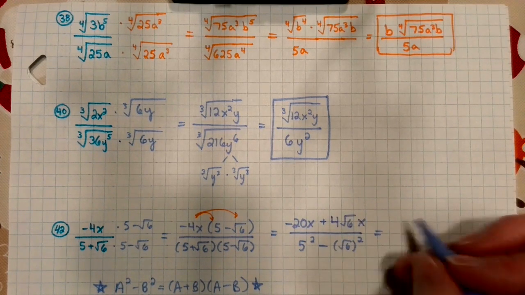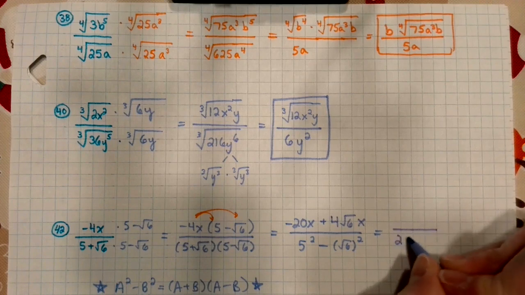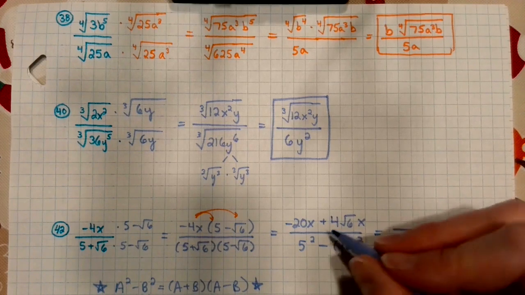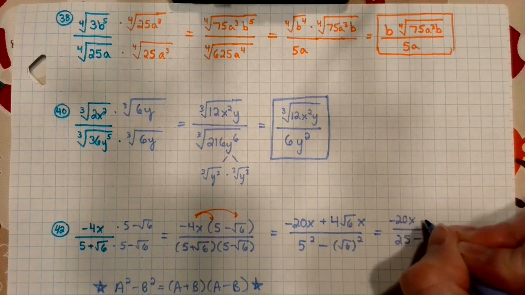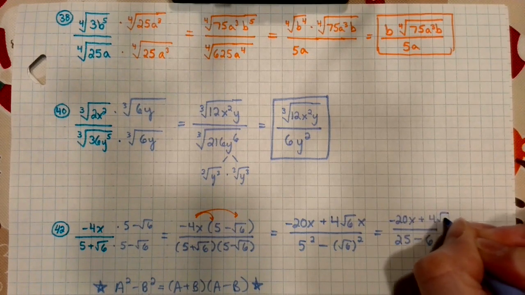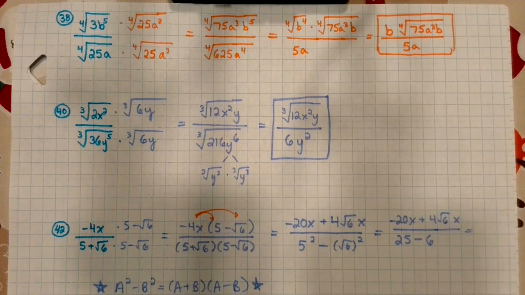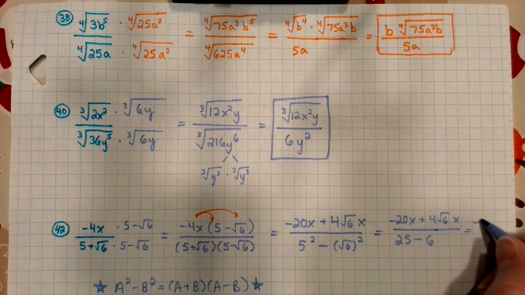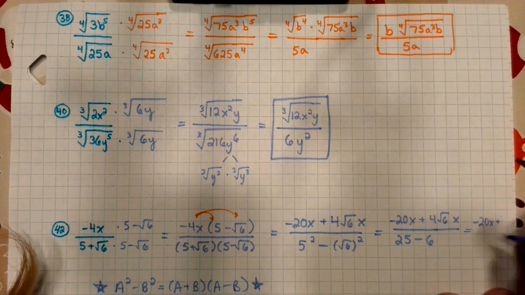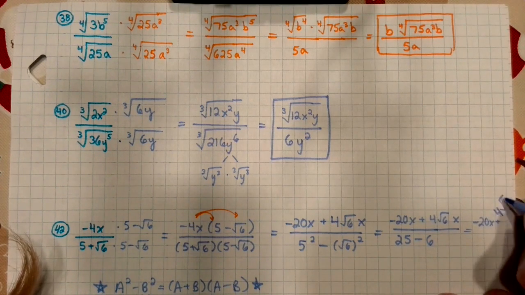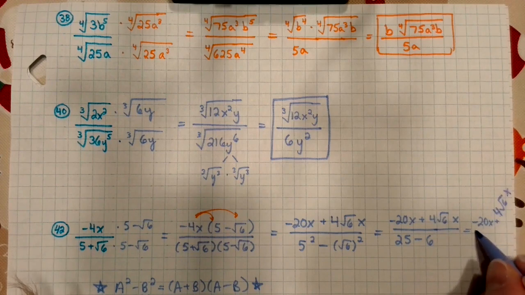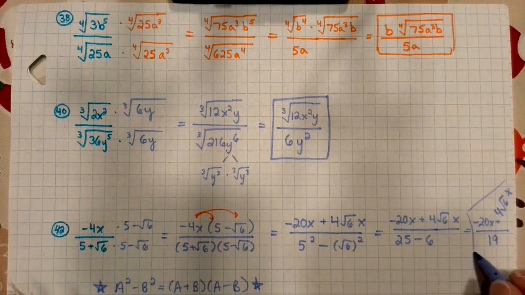And now on the bottom, we're going to have 25 minus 6, and again on the top here we have negative 20x plus 4 times the square root of 6x, and then our final answer is going to end up being negative 20x plus 4 times the square root of 6x, sorry I ran out of space on my paper, and then on the bottom you have 19. And so we have that expression over 19.